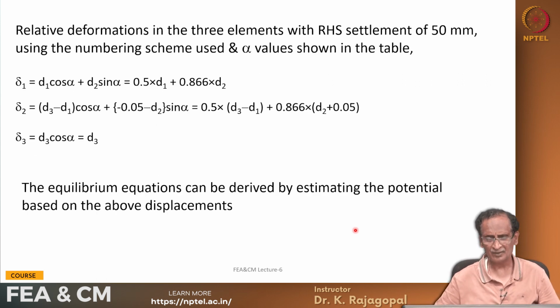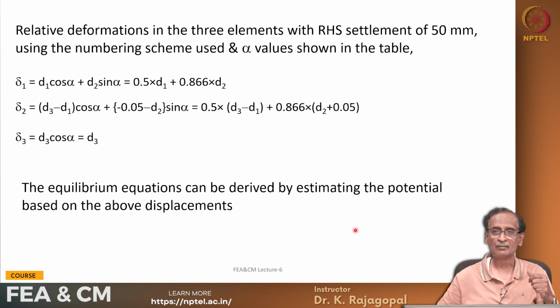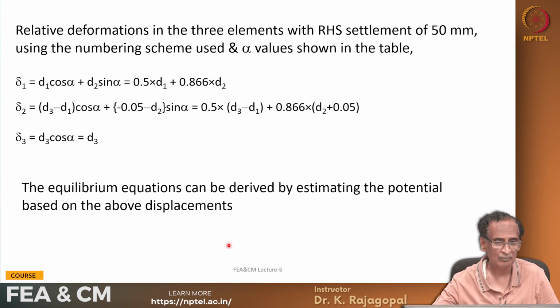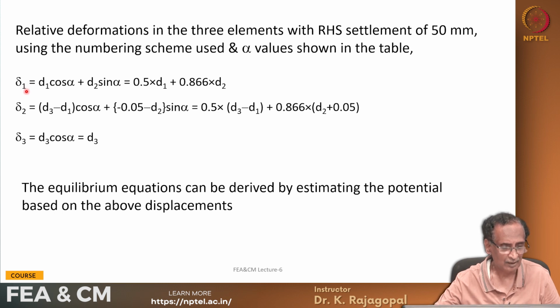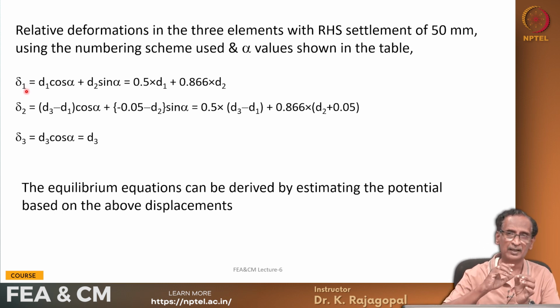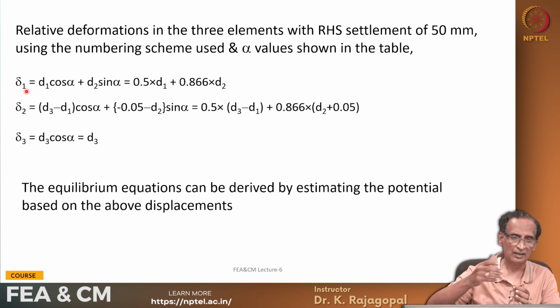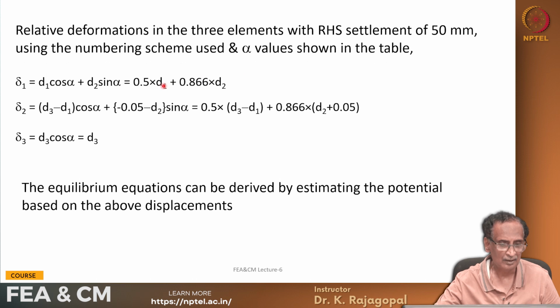And we can do the same problem by defining our relative displacements, and we are saying that on the right hand side, the support settles by an amount of 0.05 meters or 50 millimeters. Okay. So delta 1 is for the element 1 connected between node 1 and node 2, and there is no change in this, so it is the same.